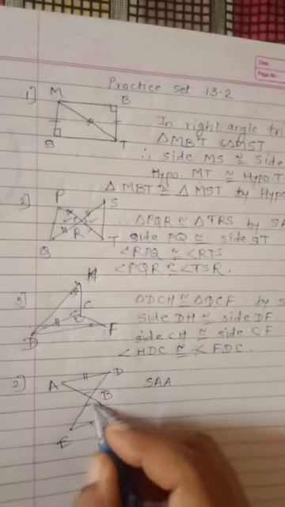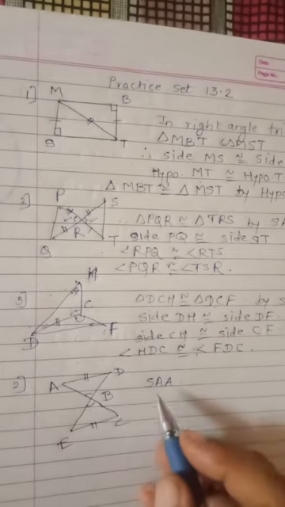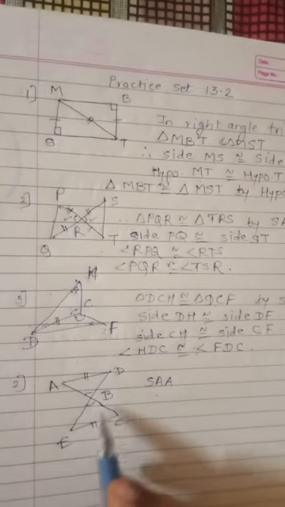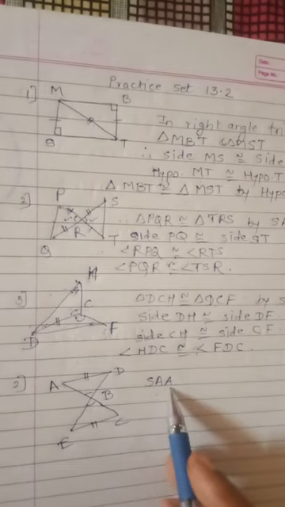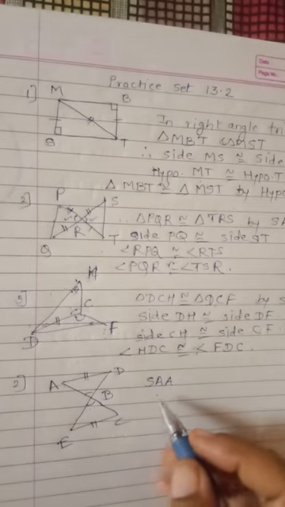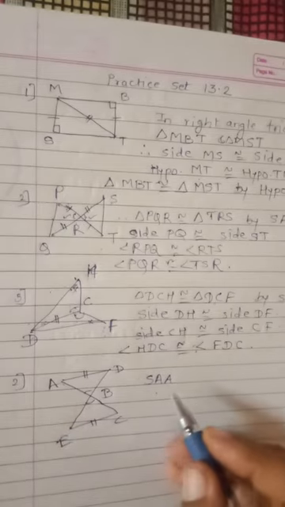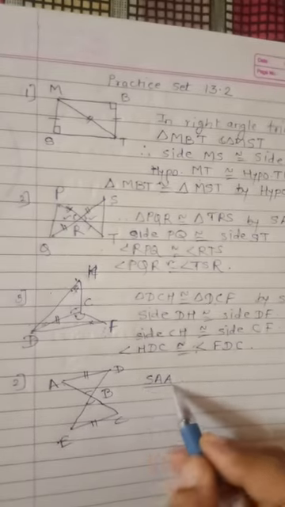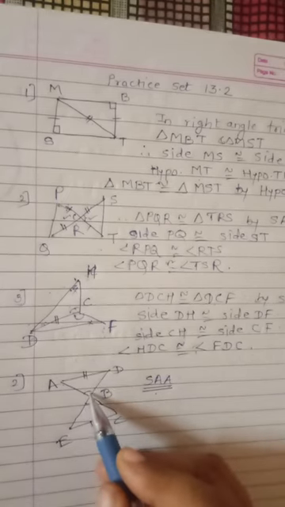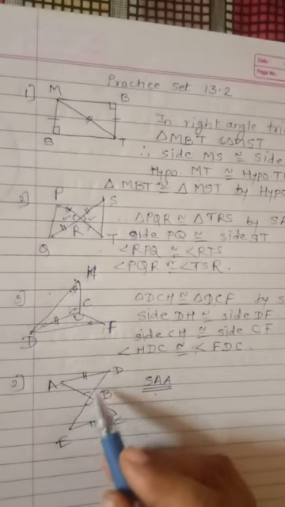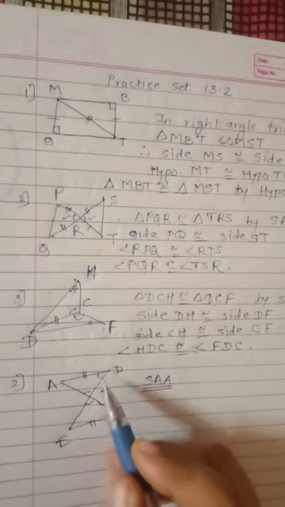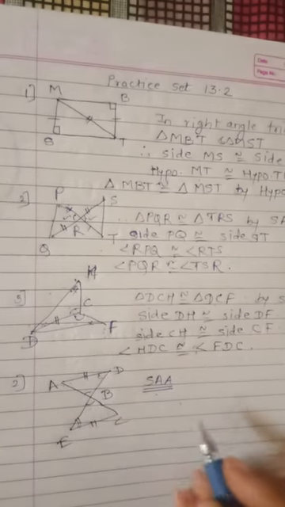See here, these angles are opposite, so congruent. We have to prove ADB triangle is congruent to BEC by SAA test, and which information must be given to use SAA test here. See, this side is congruent, this angle is congruent. For SAA test, either this angle is congruent to this angle or this angle is congruent to this angle. This information must be given.